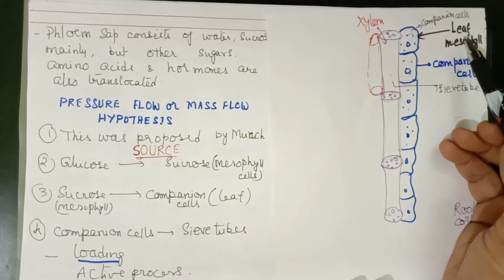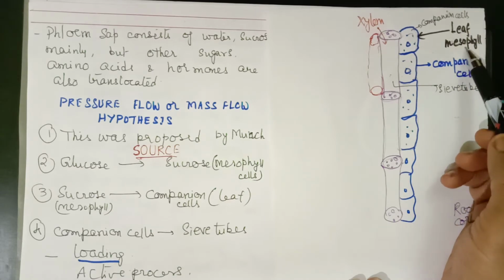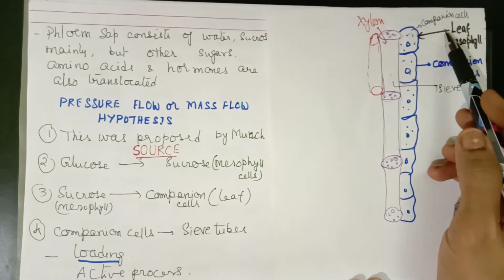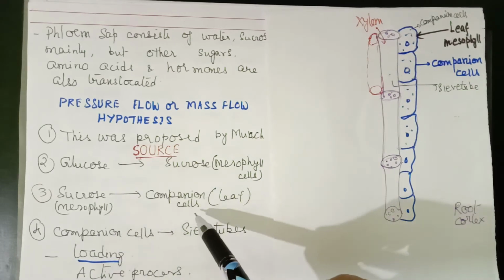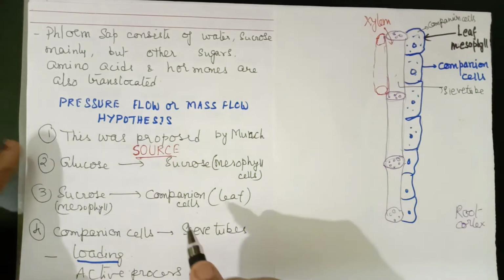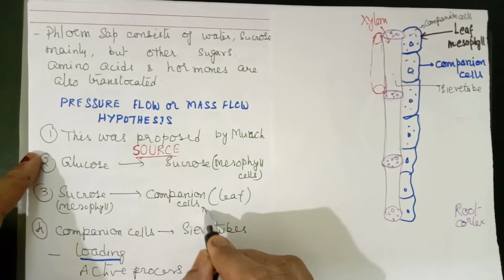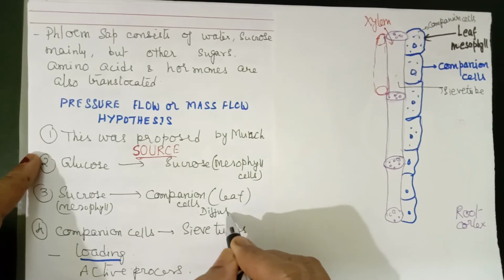So from the leaf mesophyll cell, where sucrose is formed from glucose, it is transferred to the companion cell. This can be just by simple diffusion.